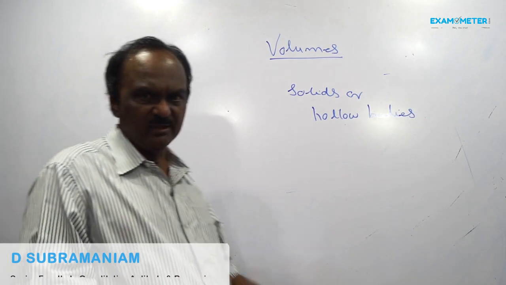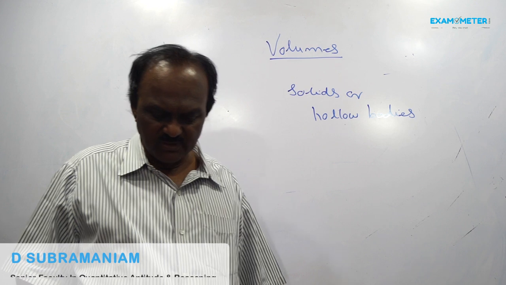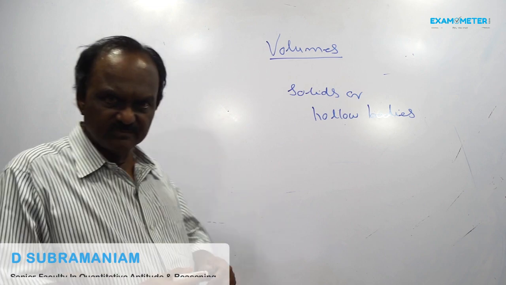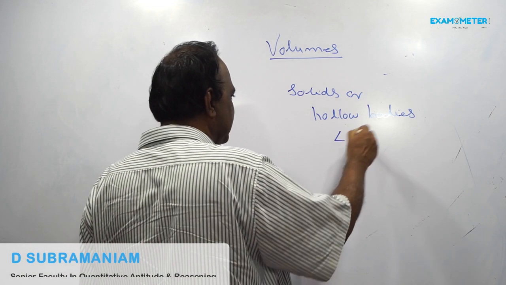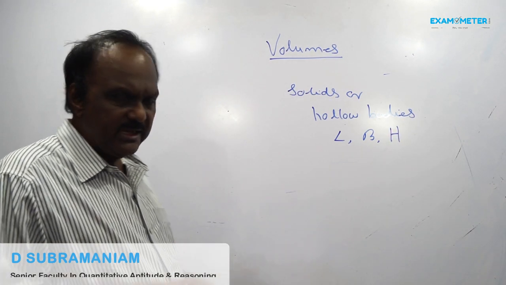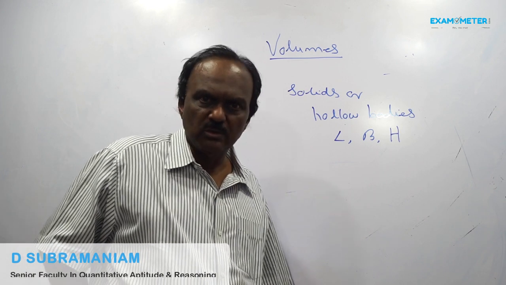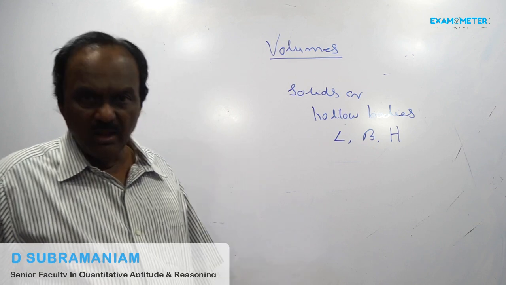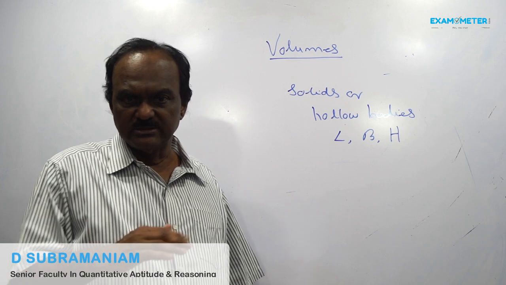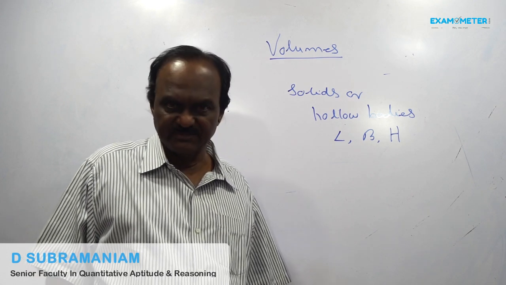These solids generally occupy three dimensions: L, B, H. L for length, B for breadth, H for height. So, volume and surface area are related to solids or hollow bodies. These solids generally occupy three dimensions: length, breadth and height.